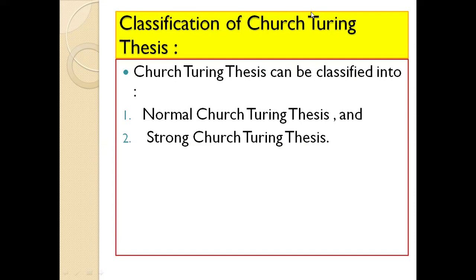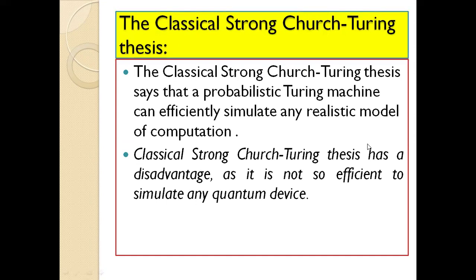Classification of the Church-Turing thesis. The Church-Turing thesis can be classified into the normal Church-Turing thesis and the strong Church-Turing thesis. The classical strong Church-Turing thesis says that a probabilistic Turing machine can efficiently simulate any realistic model of computation. It has a disadvantage: it is not so efficient at simulating any quantum device.